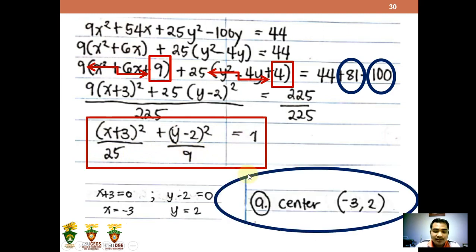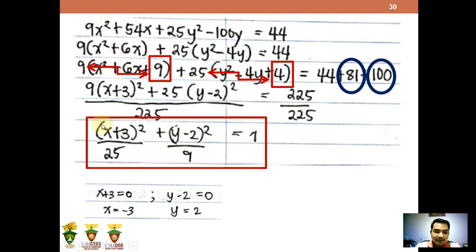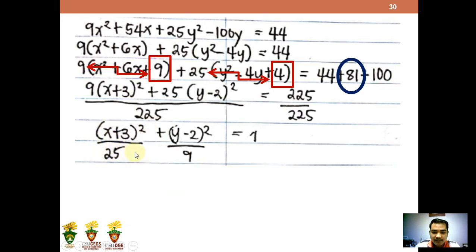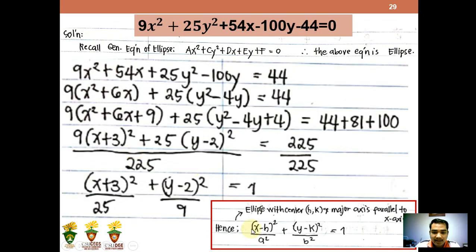Therefore, for h and k earlier, x minus h squared over a squared plus y minus k squared over b squared.